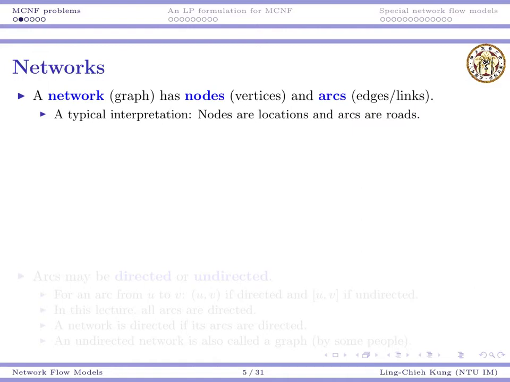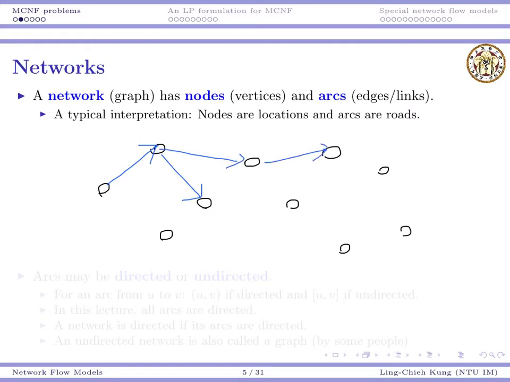So let me try to visualize this. Suppose I give you a network like this. So the first component of a network are nodes. Okay? Here we have 1, 2, 3, 4, 5, 6, 7, 8, 9, 10. We have 10 nodes. And then there must be some arcs on the network.